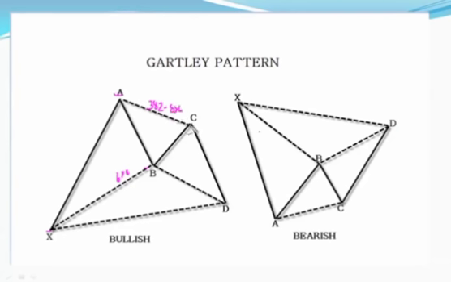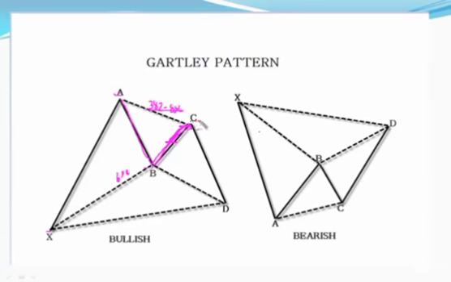So from this market low, the retracement up can go anywhere from 382 to 886. What that means is, let's just say it stops here or stops here. Anywhere in here, if it stops and turns down, that still qualifies the pattern.